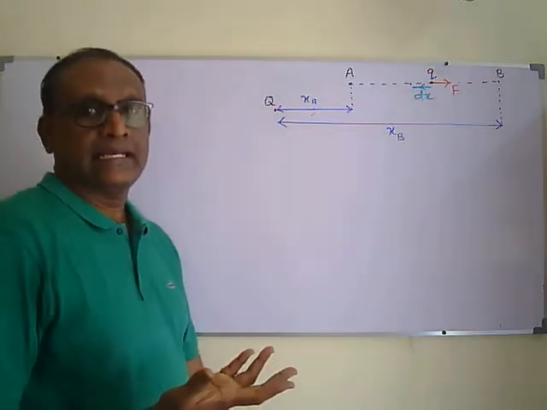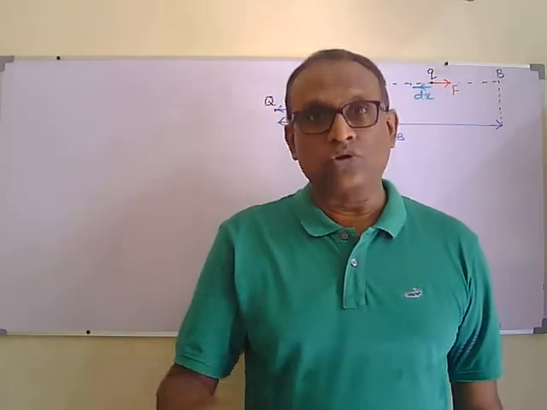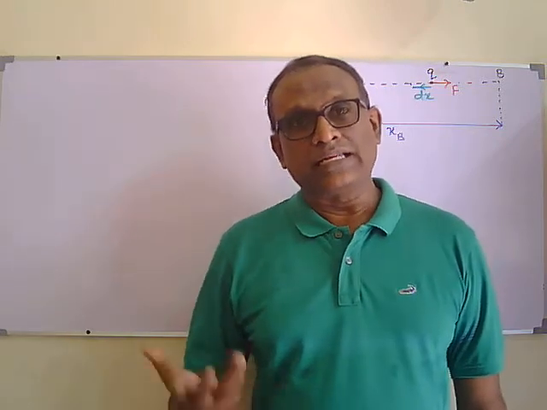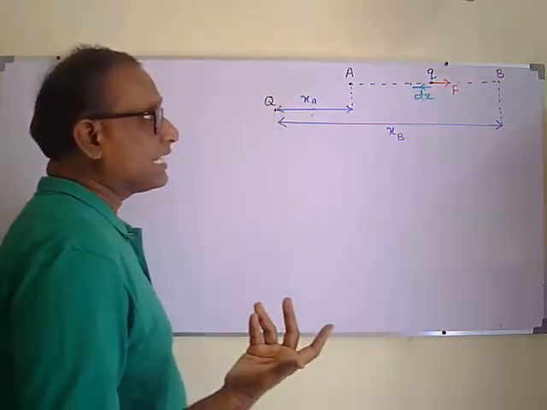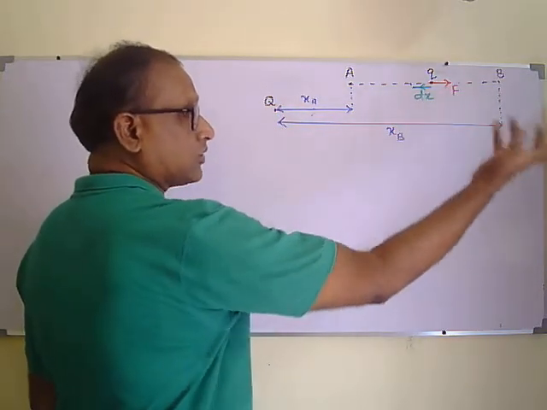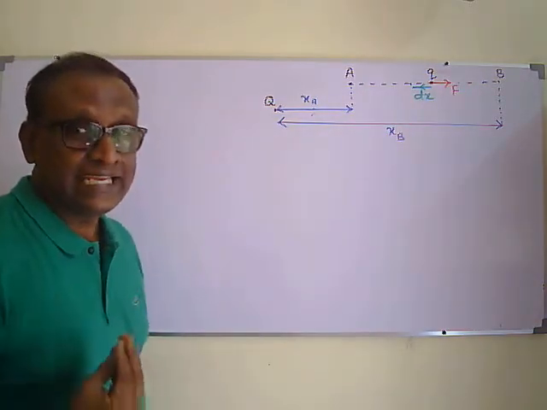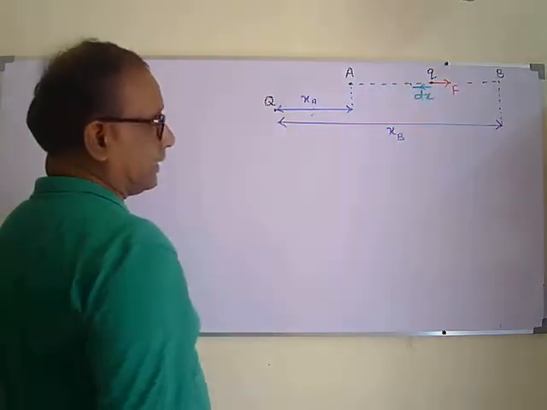So I already explained, when you throw a ball in the vertical direction, it slows down. When it slows down, it will gain gravitational potential energy. So here also the same idea. It's moving opposite to the direction of the electrostatic force. So actually it's going to gain electrical potential energy. So it will slow down, right?